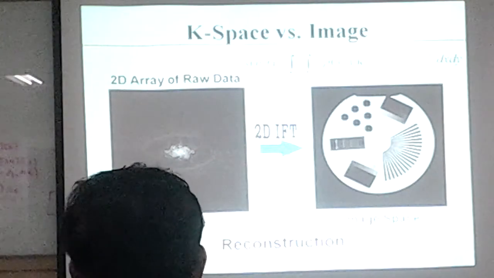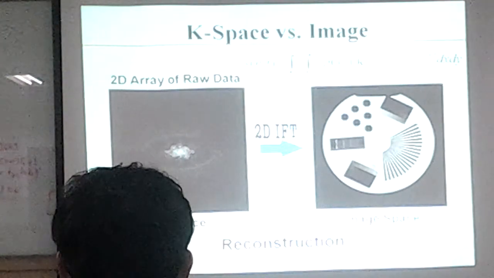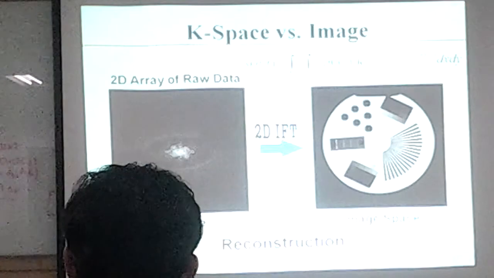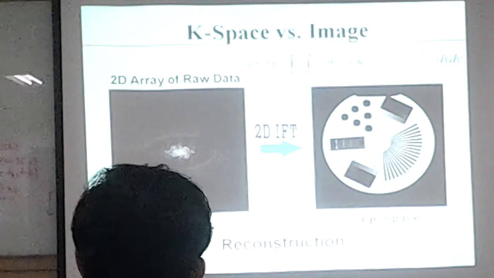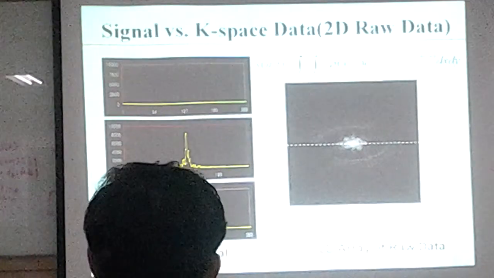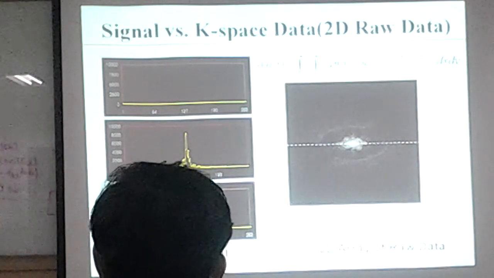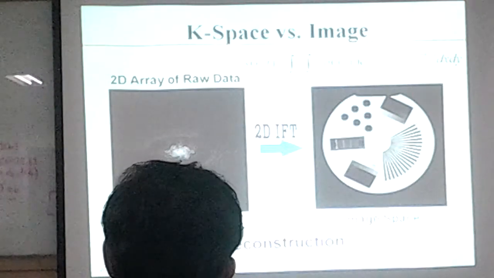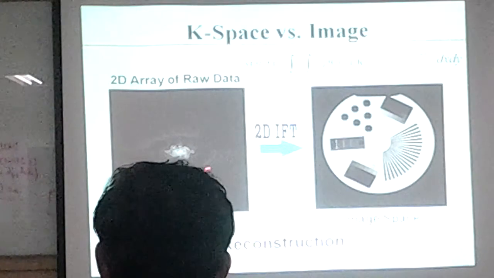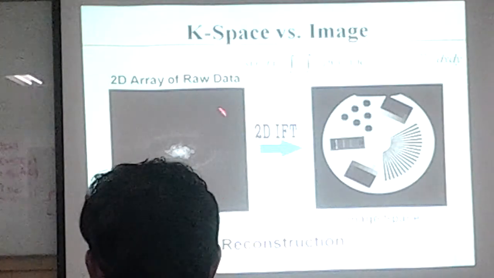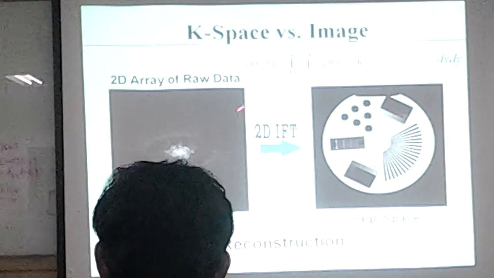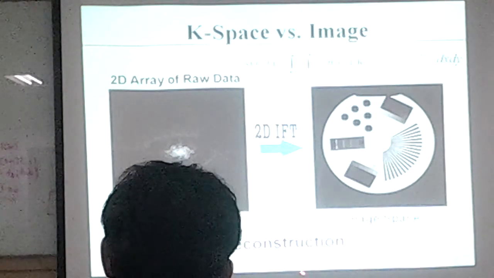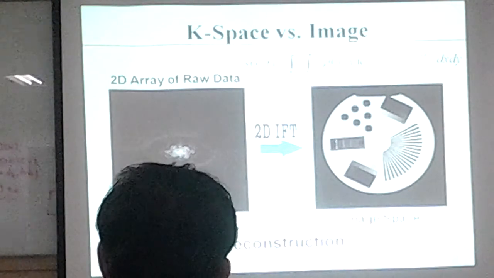So the raw data is the Fourier transform of the image function. So the MR image can be generated by inverse Fourier transform of the raw data. We call this process the reconstruction process.